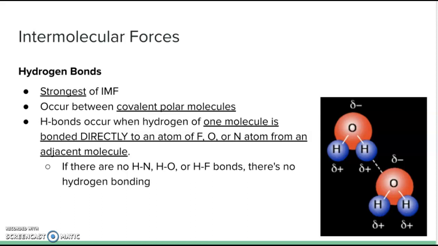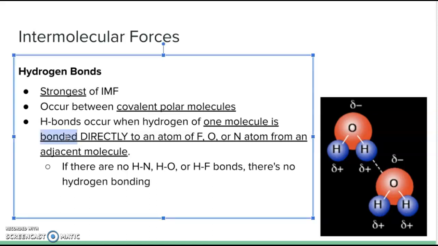Okay, and hydrogen bonding occurs when a hydrogen of one molecule, right here, is going to be, I'm not going to say bonded directly, is attracted. I'm going to change that up. Sorry about that. Okay.